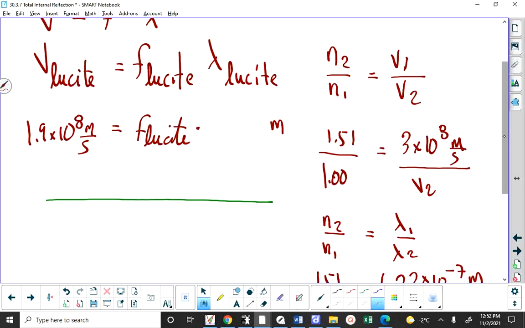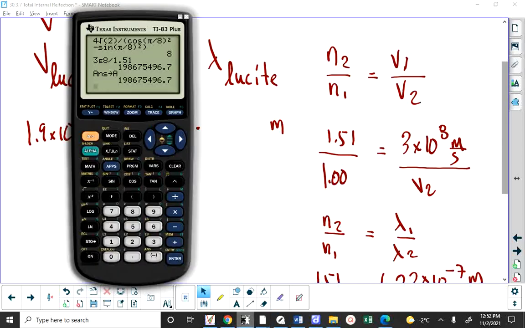So I'm going to calculate the wavelength using Snell's law by taking 6.22 times 10 to the negative 7 dividing by 1.51. And this seems like an awfully long way to go to get an answer to the question, but bear with me. So this is the wavelength, 4.12 times 10 to the negative 7.